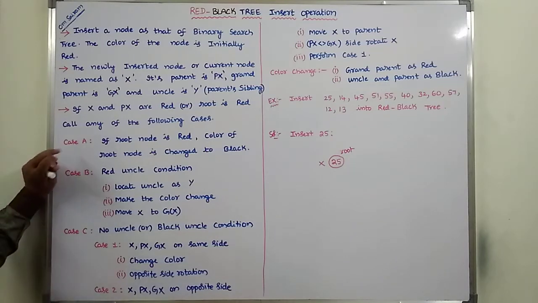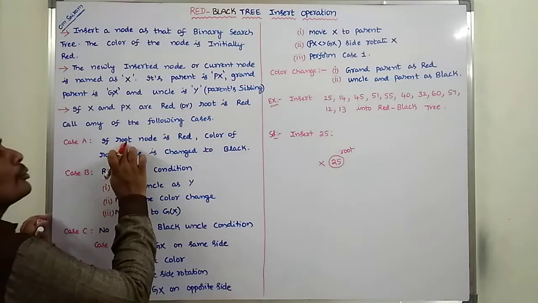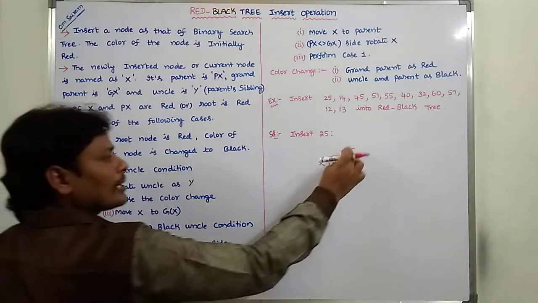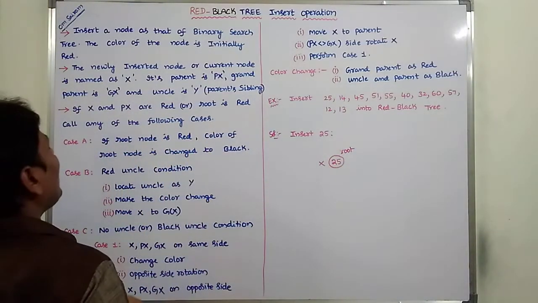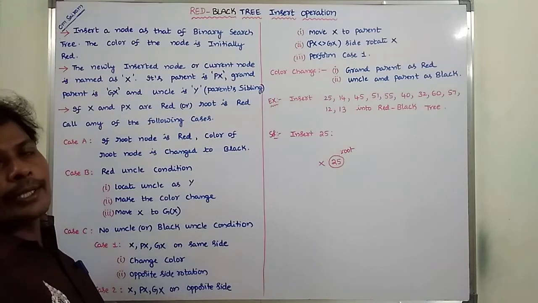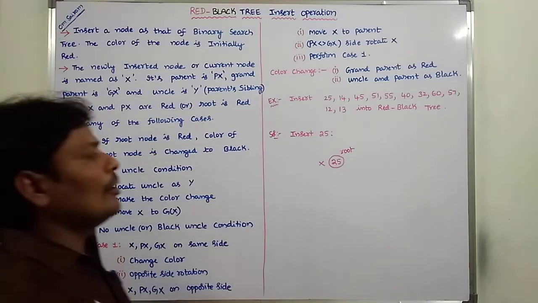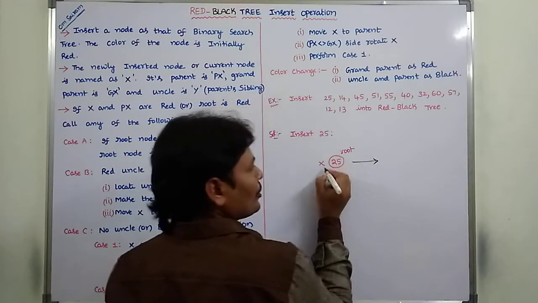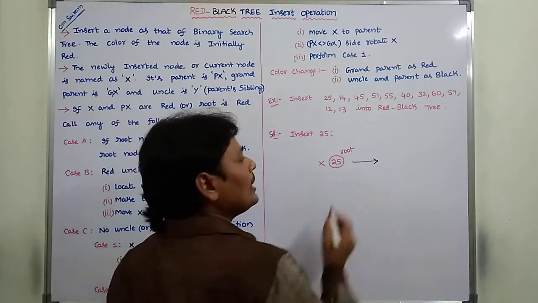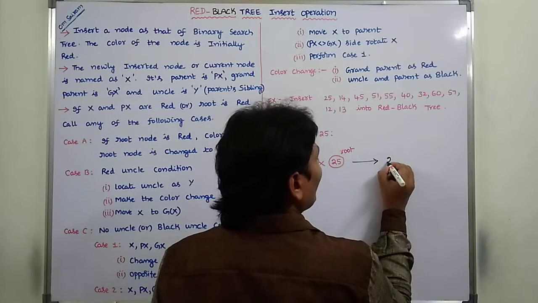First, we observe case A. If the root node is red, then the color of the root node is changed to black. So the color of this node is red, and it is changed to black.